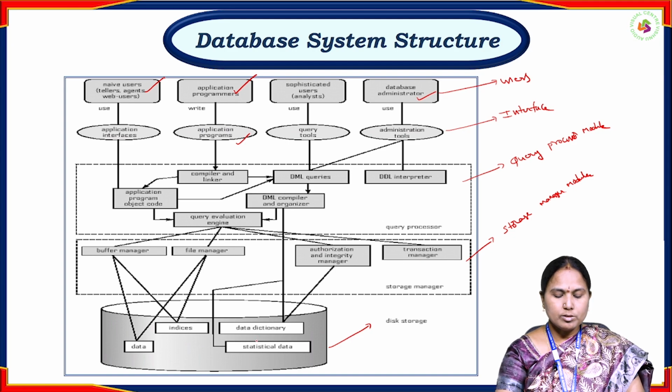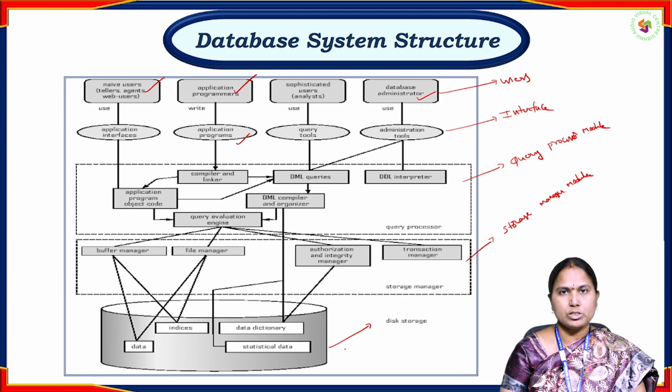Coming to the next one, disk storage. This is a very large storage capacity disk. Inside the disk, the data can be stored in the form of statistical data, data dictionary, indices, and data. Indices are used when a large number of files are there; all can be sorted in the form of indexes.